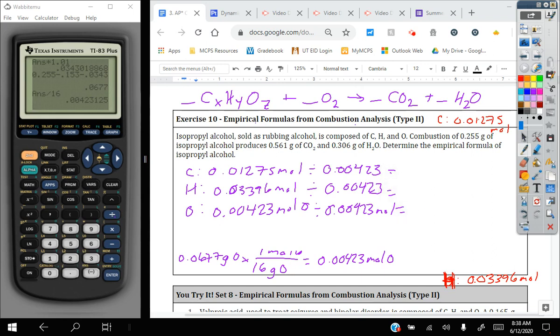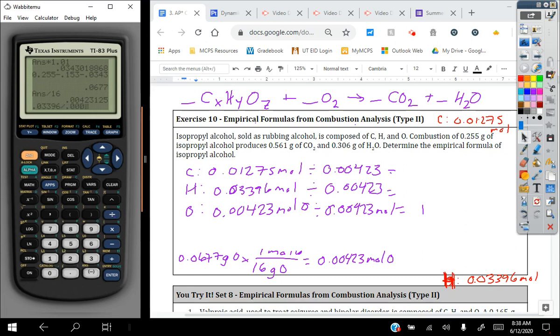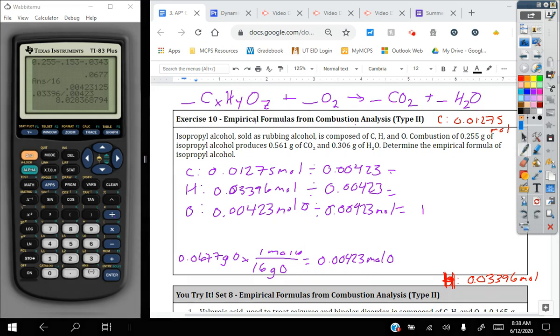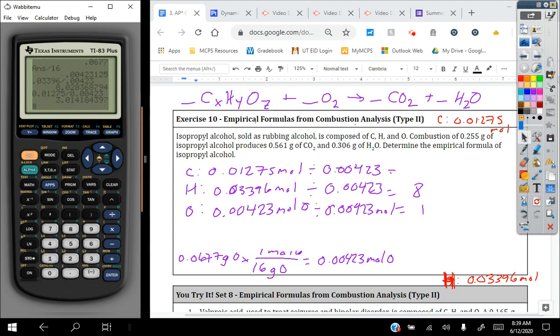And this one obviously gives us 1 when we divide by ourselves, but 0.3396 divided by 0.0423 gives us about 8 for my hydrogen, just about 8.02, and then for carbon, 0.01275 divided by 0.00423 gives me about 3 for my carbons.